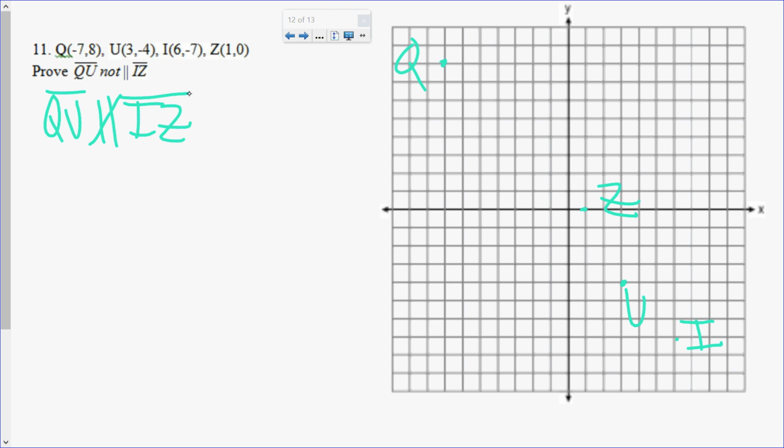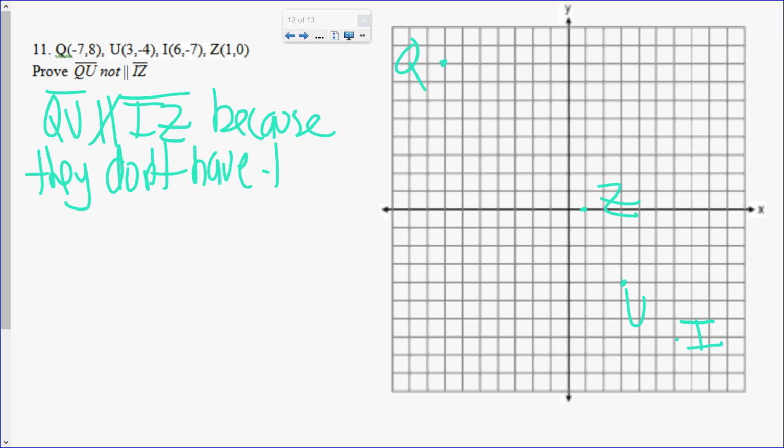So to prove they're not parallel, I'm going to show they don't have the same slope. QU is not parallel to IZ because they don't have the same slope. To show that, I'm going to have to calculate the slope. Slope equals delta y over delta x.